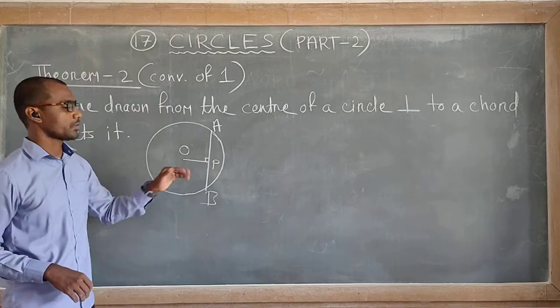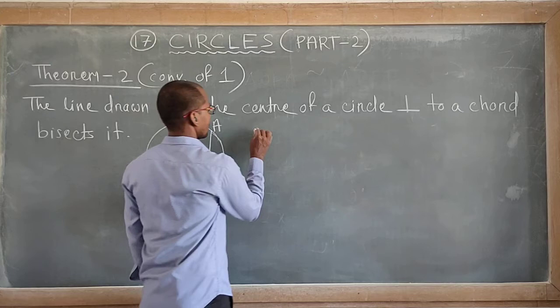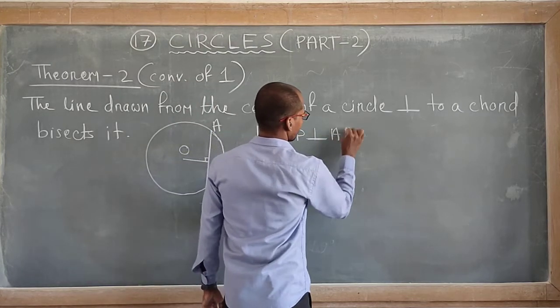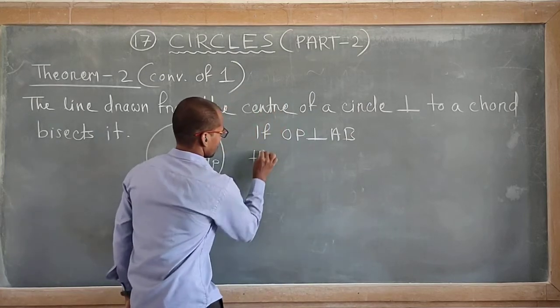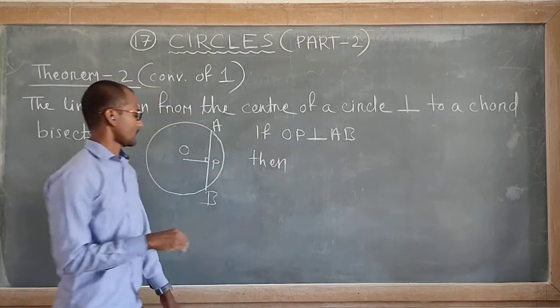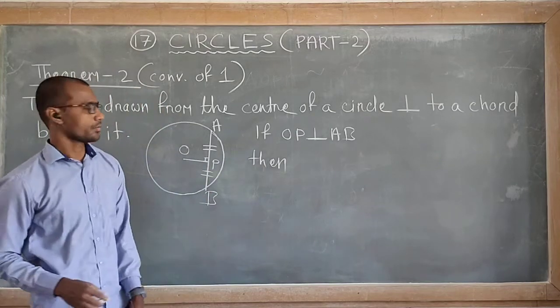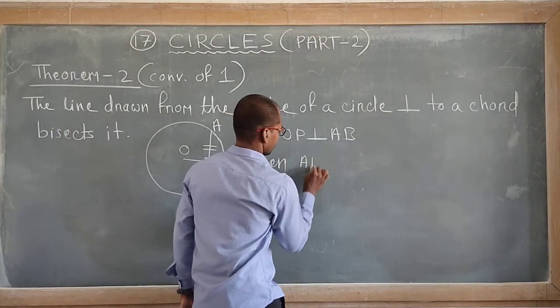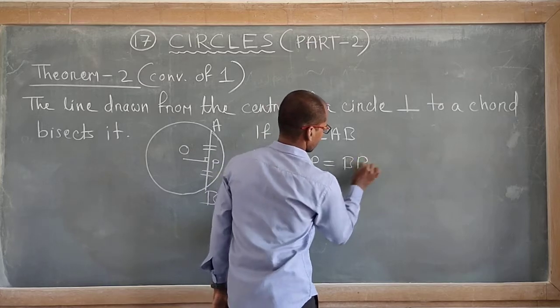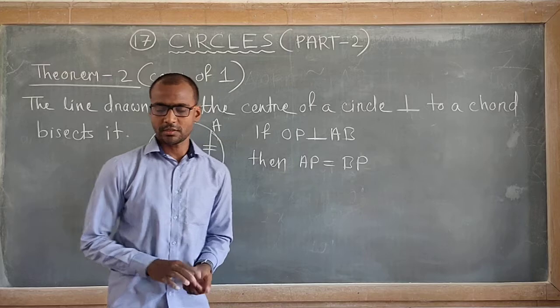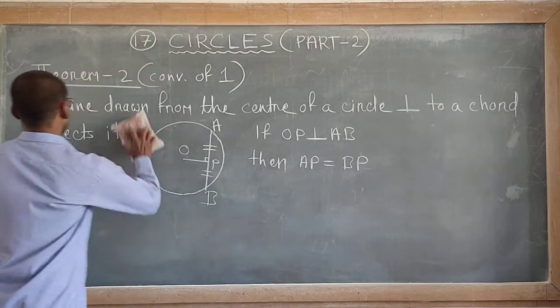If OP is perpendicular to AB, then AP will be equal to BP. So bisect then perpendicular, perpendicular then bisect. These are the two theorems. Next, theorem number 3.